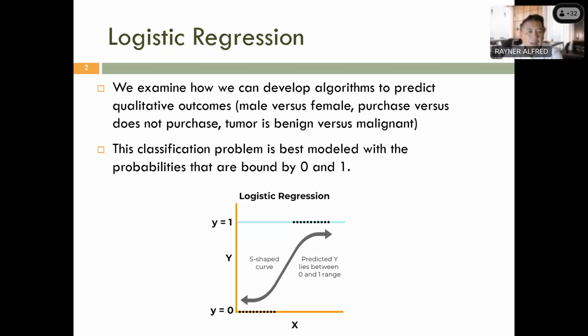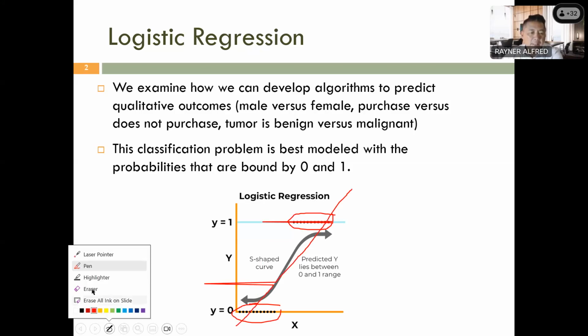If you look at the graph here, the value of x falls in between y0 and y1. Basically, with linear regression, we cannot draw a straight line like this, because it goes to plus infinity and minus infinity.